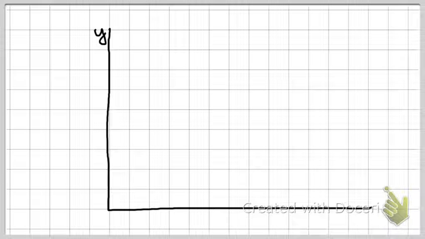We need to label these axes, and again, we know as a letter this is y and this is x, but they also need to have some sort of label, so people know exactly what we're talking about. The x-axis, we would like to label chocolate bars.